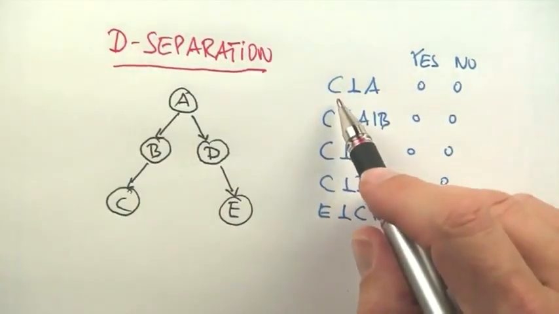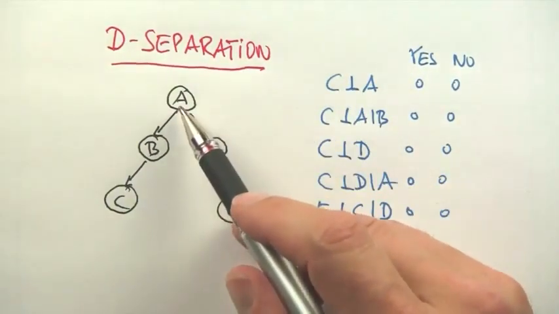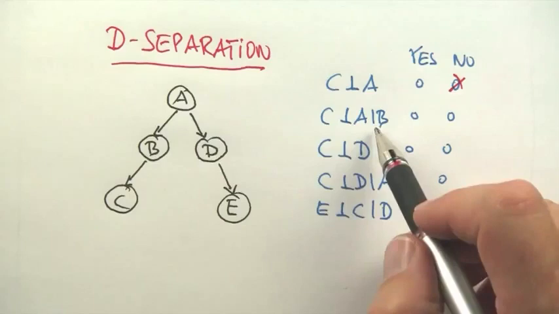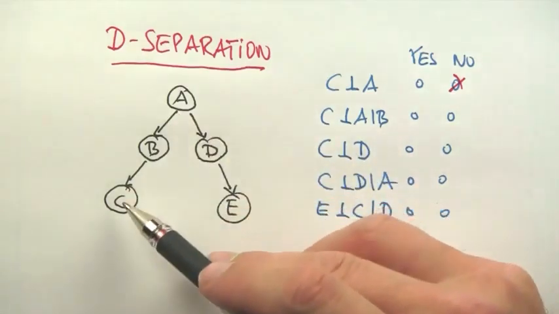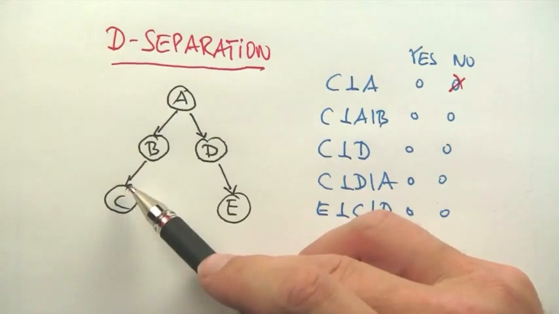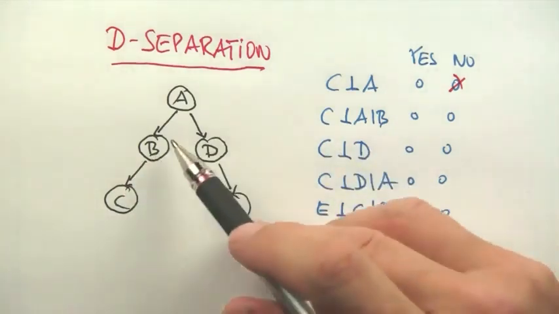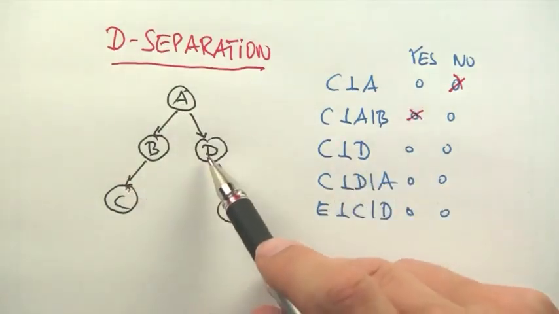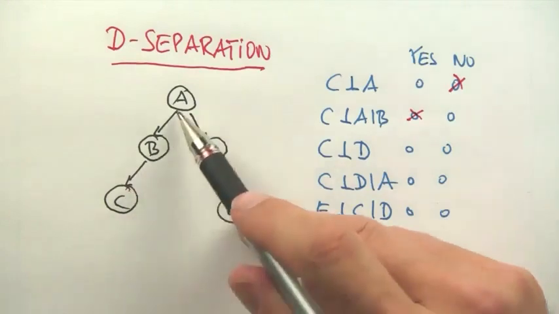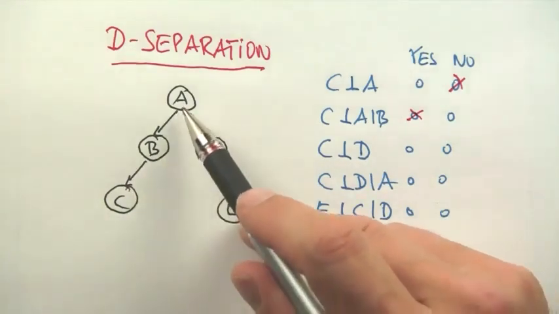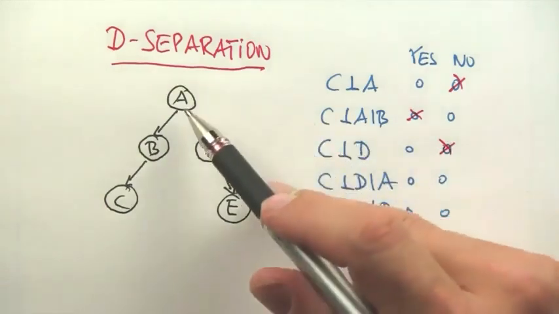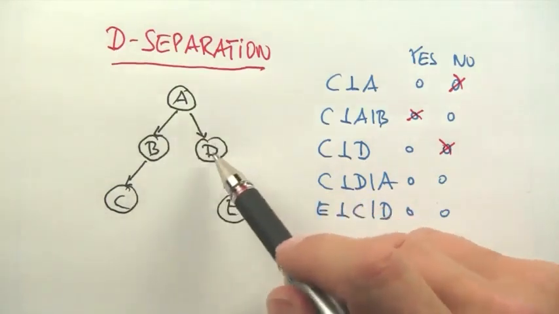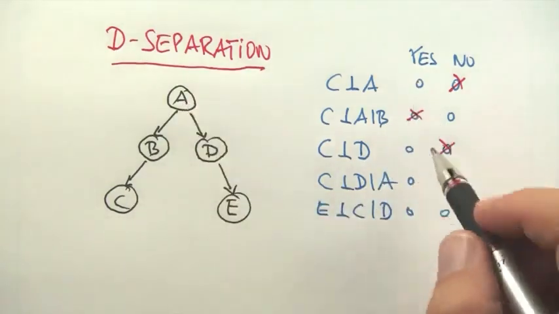So C is not independent of A. In fact, A influences C by virtue of B. But if you know B, then A becomes independent of C, which means the only determinant into C is B. If you know B for sure, the knowledge of A won't really tell you anything about C. C is also not independent of D, just the same way C is not independent of A. If I learn something about D, I can infer more about C. But if I do know A, then it's hard to imagine how knowledge of D would help me with C, because I can't learn anything more about A than knowing A already.